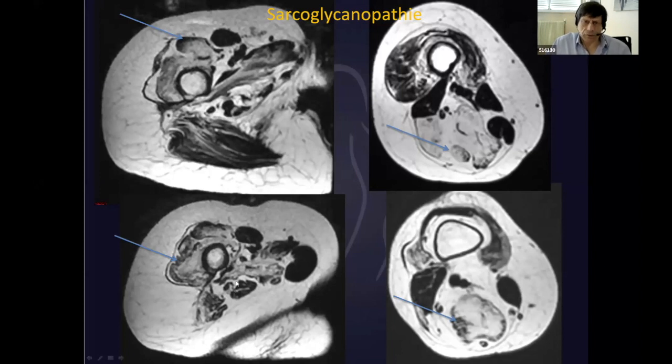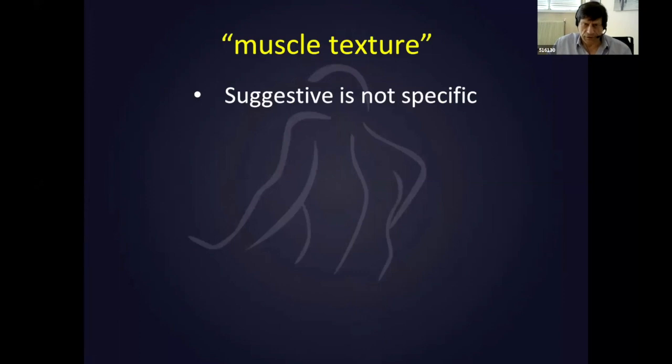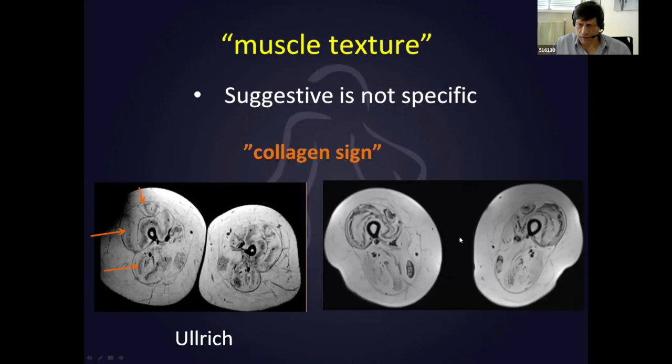It's very evocative of sarcoglycanopathy, but it's not always specific, and you can have the same aspect with different diagnoses. Here you have the tigroid aspect of collagenopathy with the central part of the muscle preserved in all muscles of the thigh. You have quite the same aspect in this thigh, but it's not a collagenopathy, it is a calpainopathy.